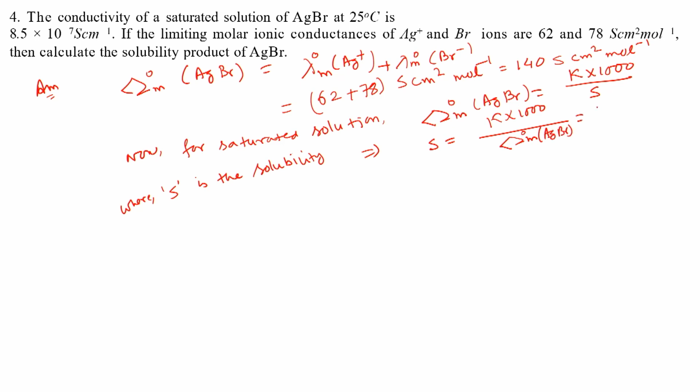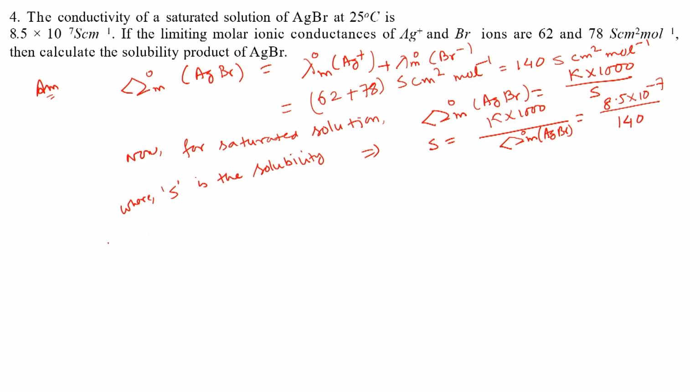Now, we put the value. So, what is the value of kappa, conductivity? Okay, so kappa conductivity is 8.5 times 10 to the minus 7 by lambda m naught, we have calculated 140.